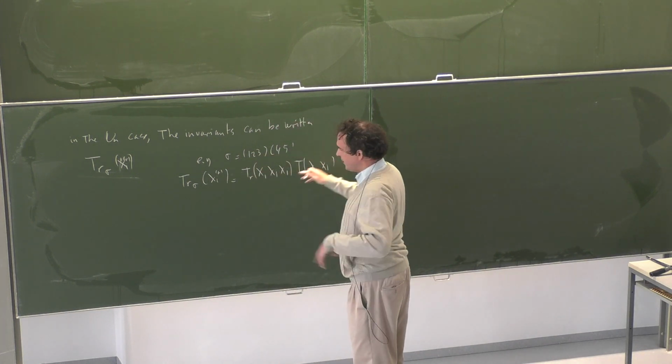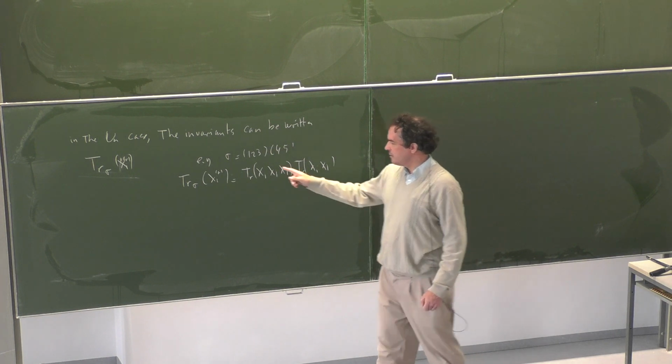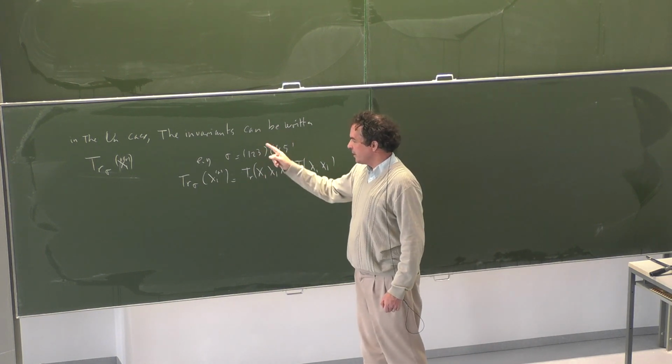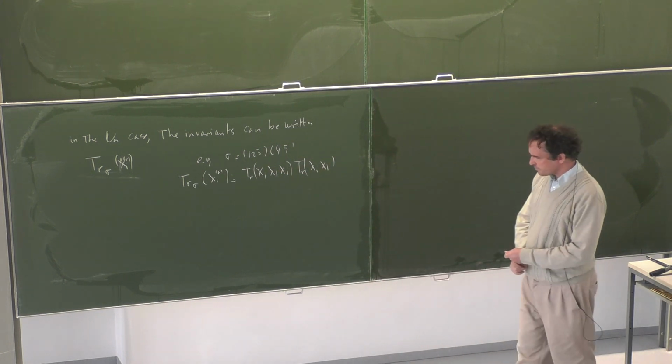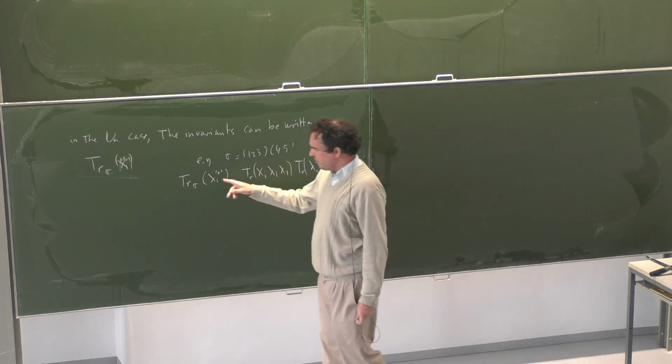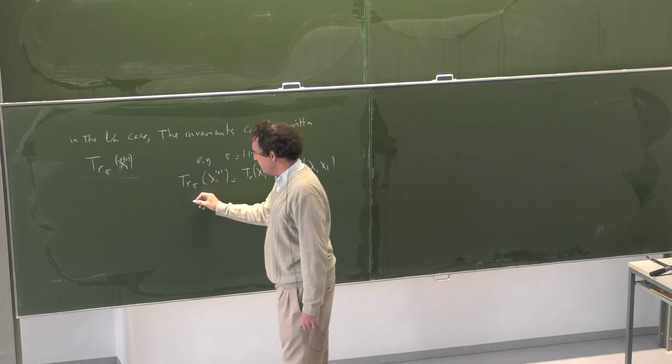So I take 5 copies, and I circle around, take the trace, circle around, and take the trace. So in this case, of course, doing this is overkill.